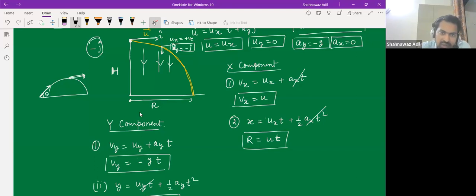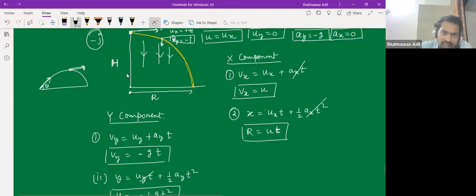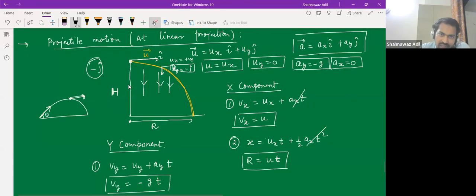Similarly, you can see from here that this distance, when you write it, is xi plus yj. You can see that this is going in this direction. So x is positive, but y is in which direction?